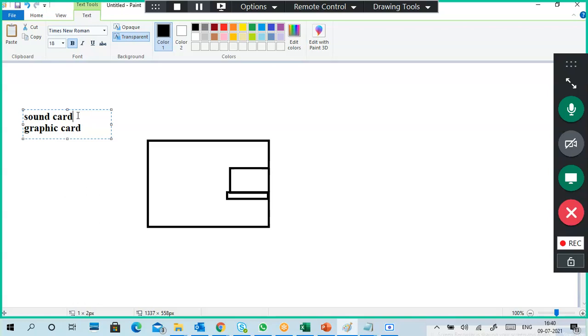Graphic card: you are playing games or using multimedia, video editing, photo editing, Photoshop, Filmora. These are used for editing videos, like TikTok people do, ads, multimedia things.